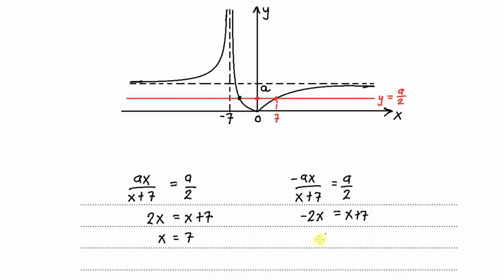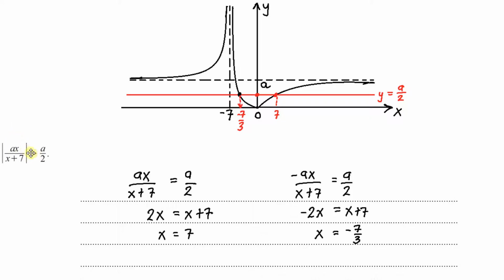And when I solve for x here, I'm going to get minus 7 over 3. So this point here is minus 7 over 3. We now have the two critical points, and now we can solve the inequality.